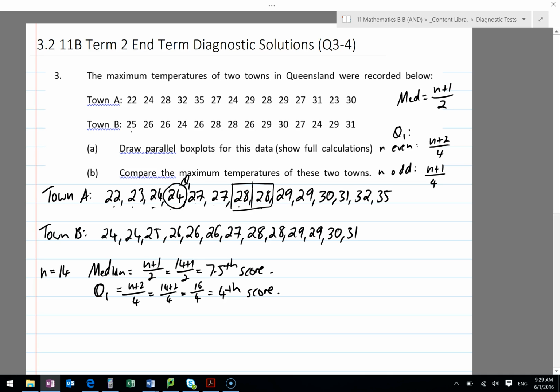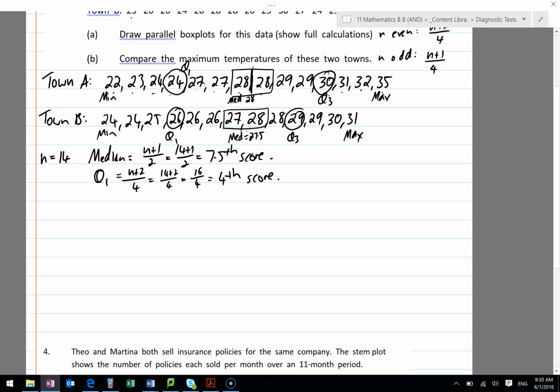So it'll be the average of these two, which is 28 for the median. And to find Q3, count from the other side. 1, 2, 3, 4. There's Q3. Now that I've found all of those statistics, I can go ahead and draw my parallel box plots.